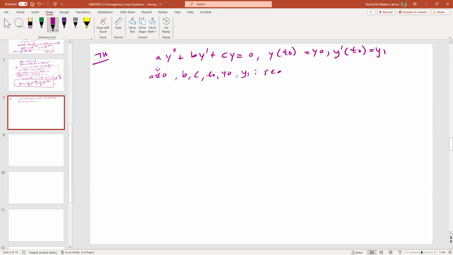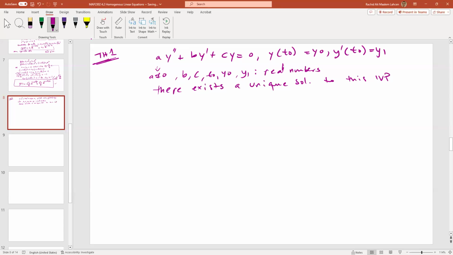So they are, of course, all real numbers. So for this, this theorem says there exists a unique solution to this IVP.